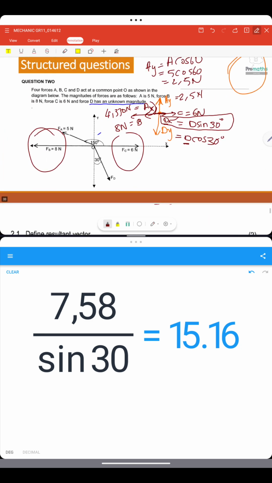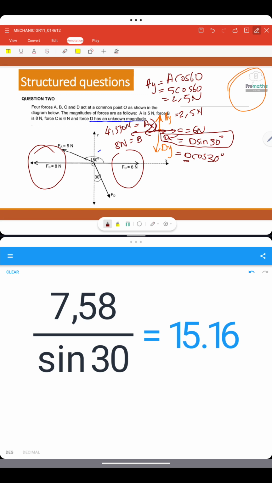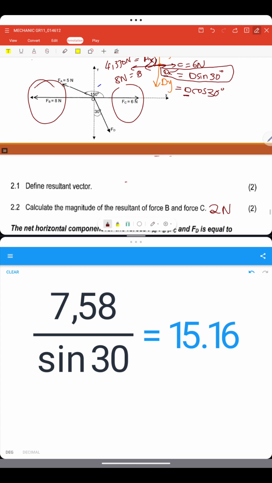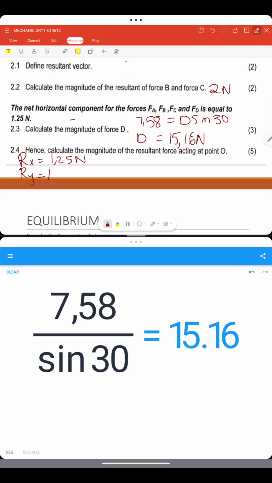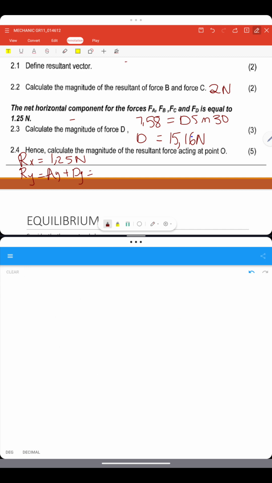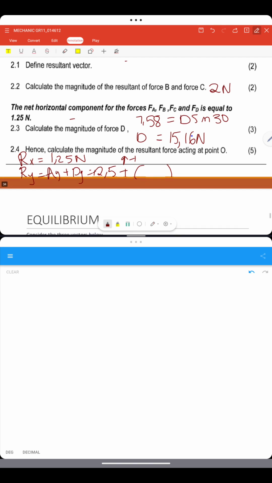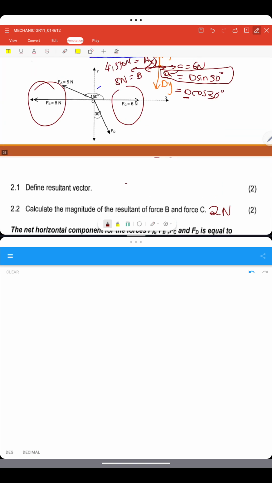If we go to the diagram above, along the y direction, we only have two forces. We have AY and DY. So RY will be AY plus DY. That will be equal to, let us see, our AY, we said that was 2,5 pointing upwards. I'm going to take up as positive. Plus, the other one will be negative. The y component over here is d cosine of 30.